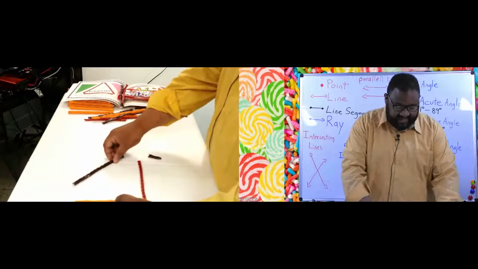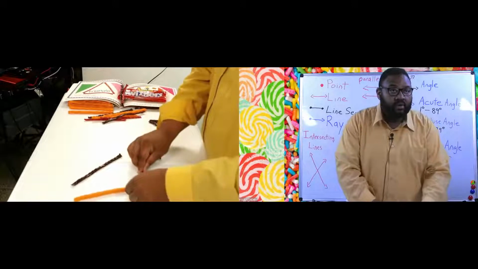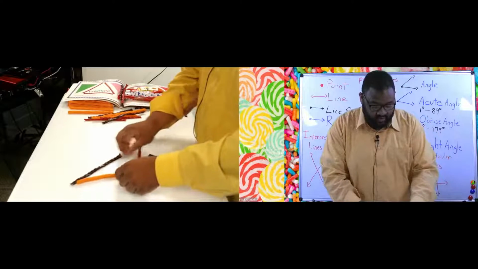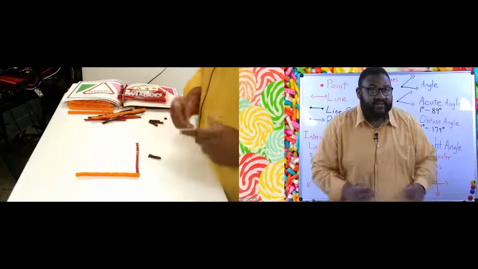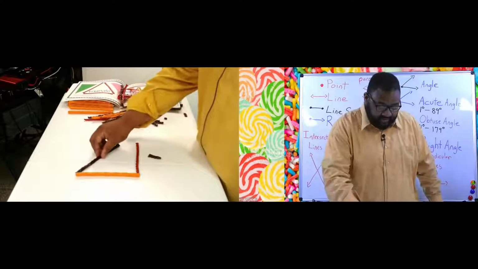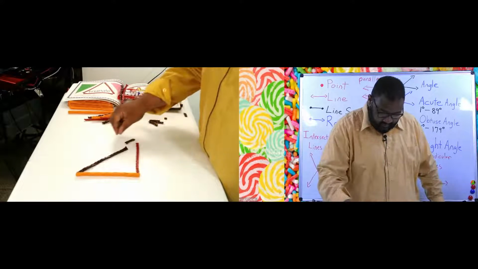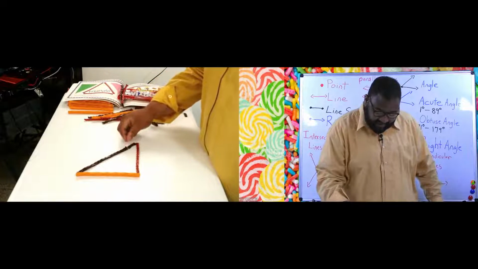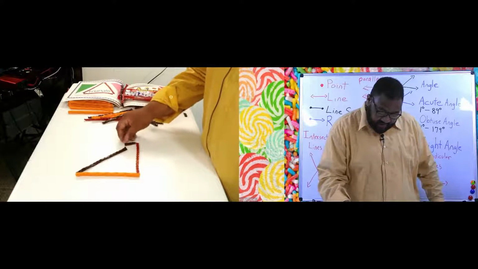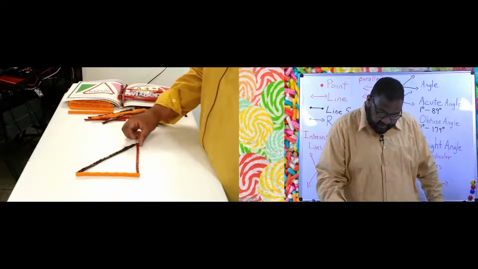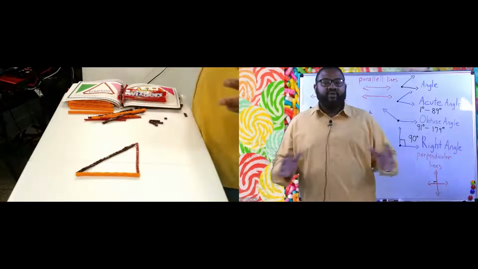Maybe it's an upside down L for you. Okay, that's the L right there. And then you put this piece right here. As long as it has at least one right angle, then guess what? It's considered a right triangle. That's all you have to do.